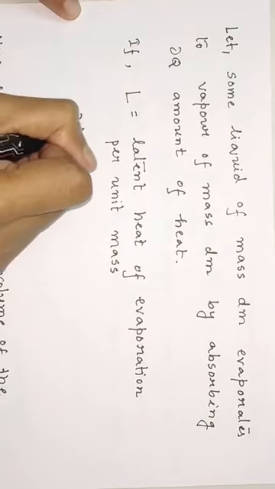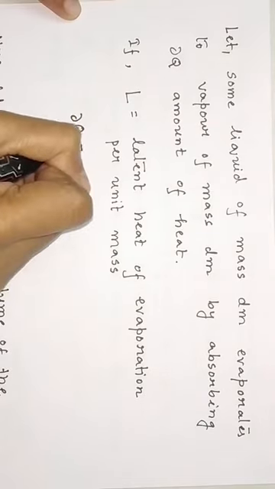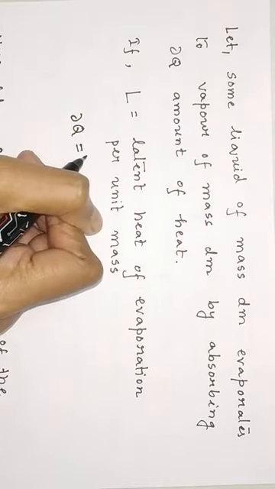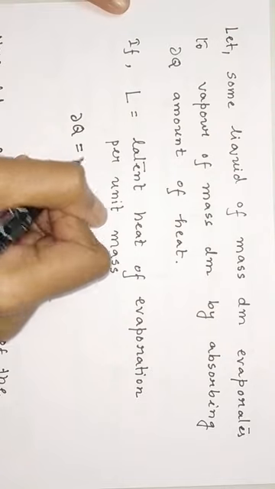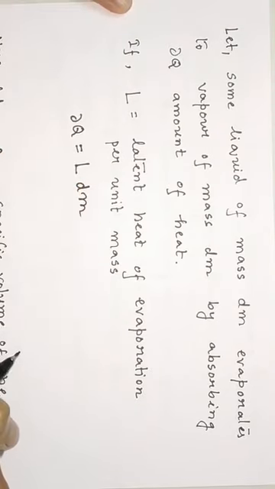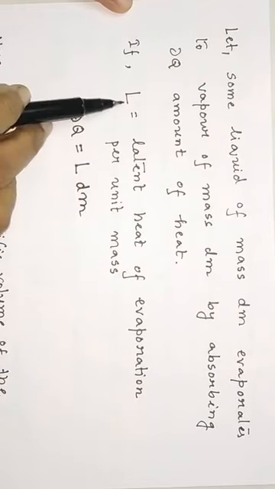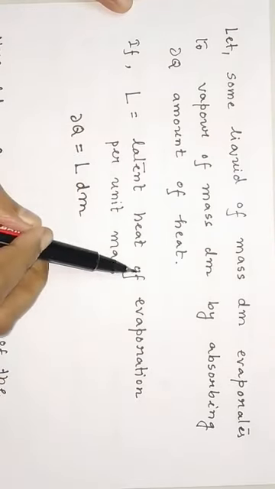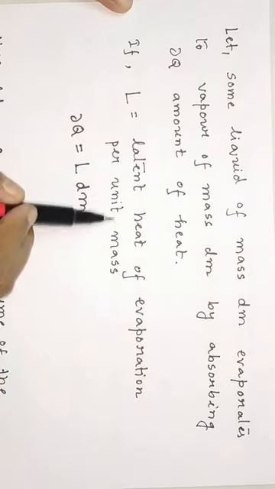be the value of delta Q? So delta Q will be L into dm. Why? You see, L is the latent heat of evaporation for unit mass.